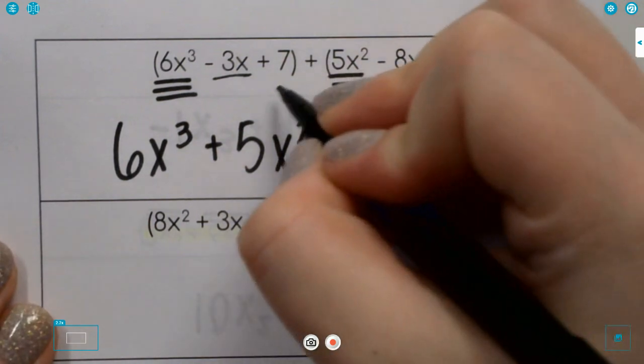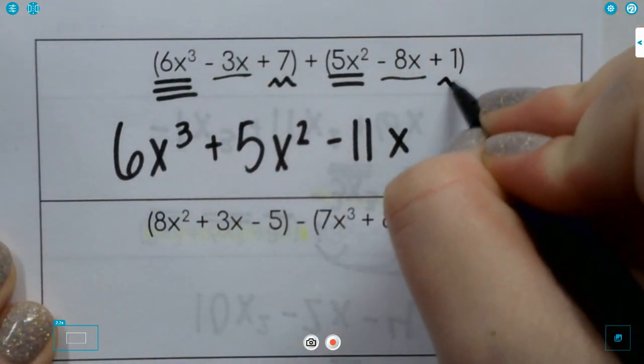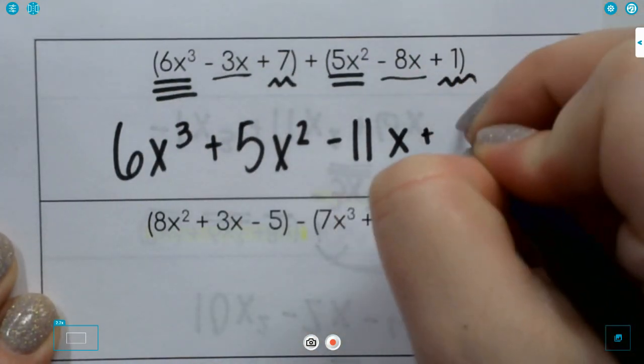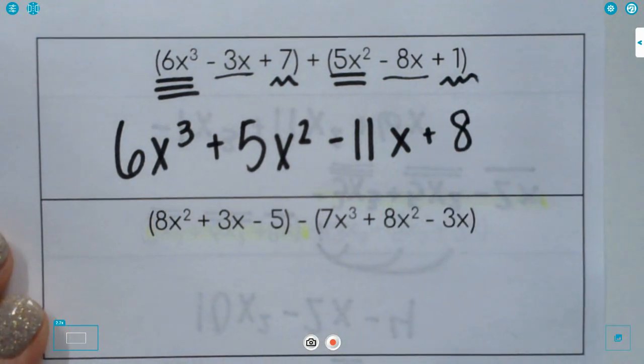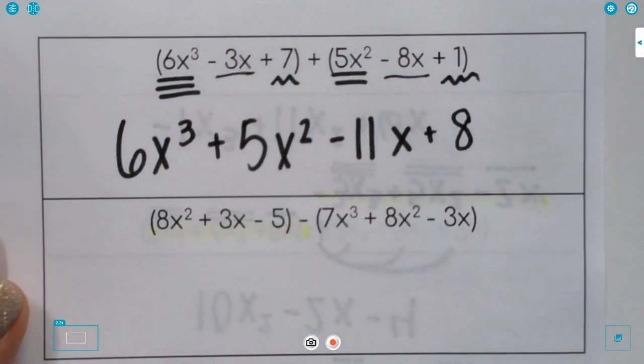And then 7 and 1. 7, 1 gives me 8. Any questions on that one?